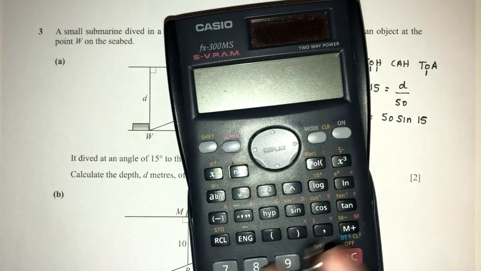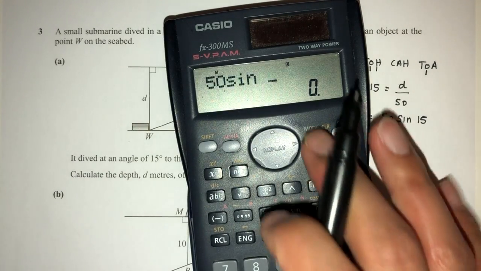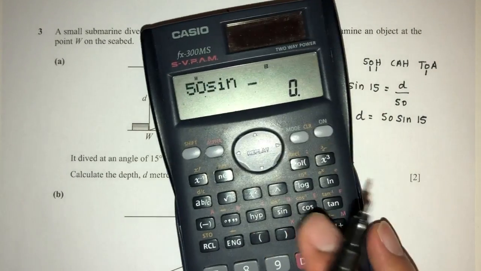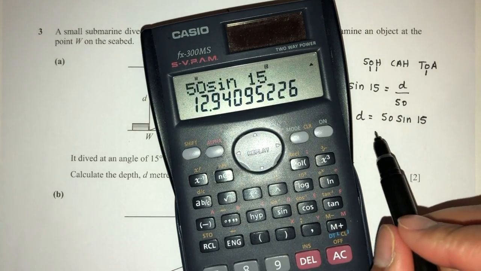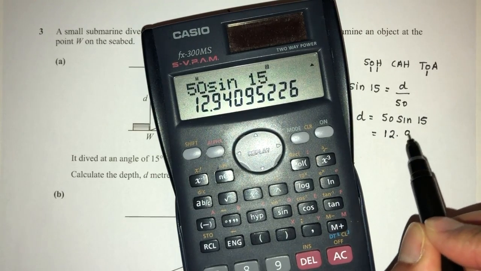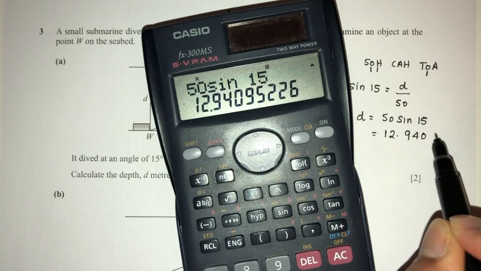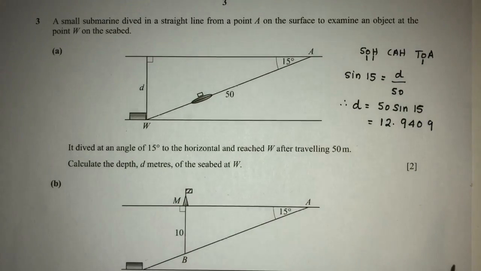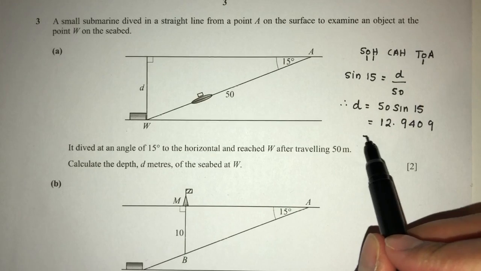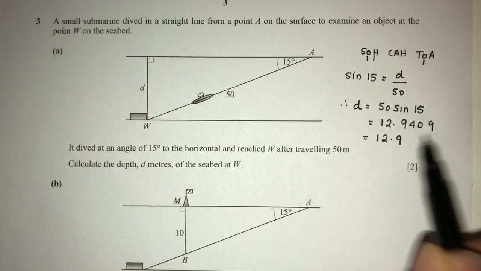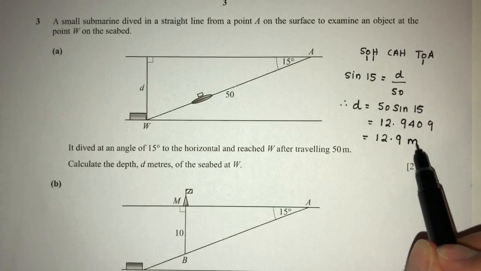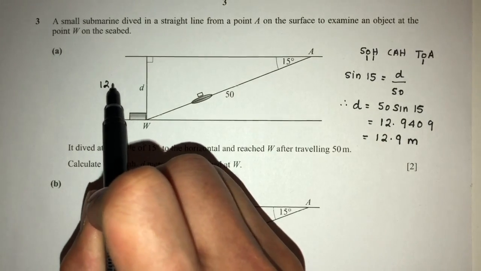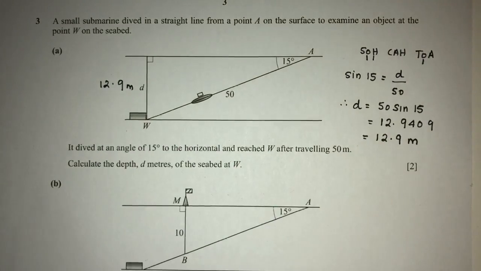So let's find that. Make sure you're using degrees here for your calculation. So that will be 12.9409. But of course, for non-exact values, you will give your answer correct to 3SF. That will be meters. So 12.9 meters for the value of D.